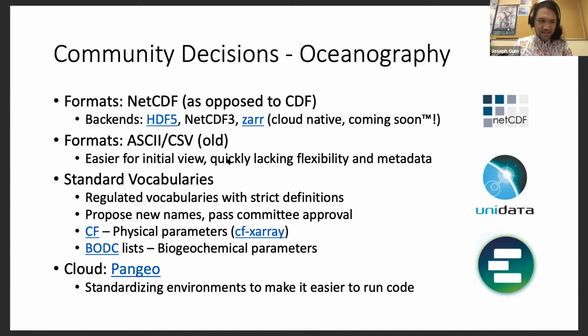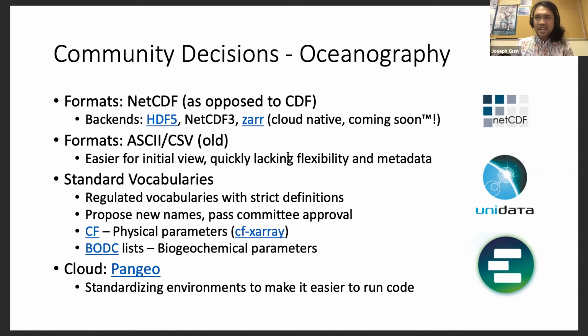And if your data is not in NetCDF and is data of significant size, it should probably go towards NetCDF soon. We have older formats such as ASCII and CSV, which are easier to view initially, but as soon as you start trying to add metadata or do some tricky things with the data at great sizes, it's going to be hard.